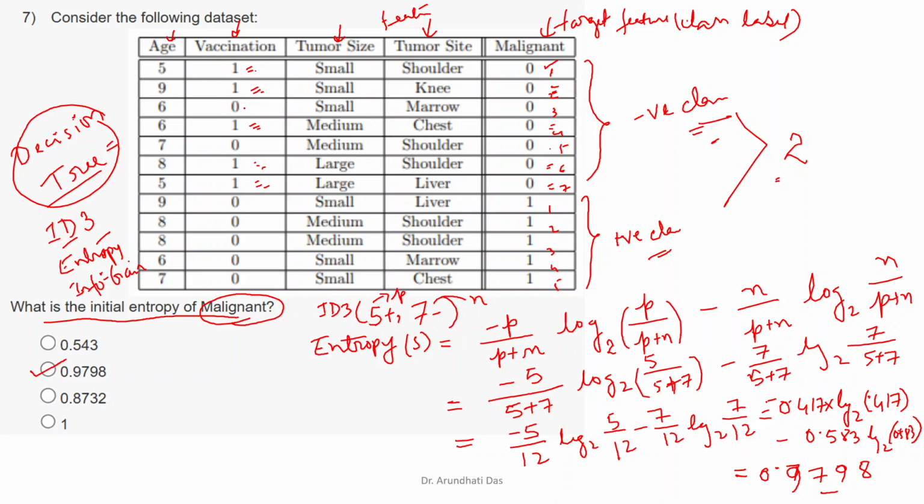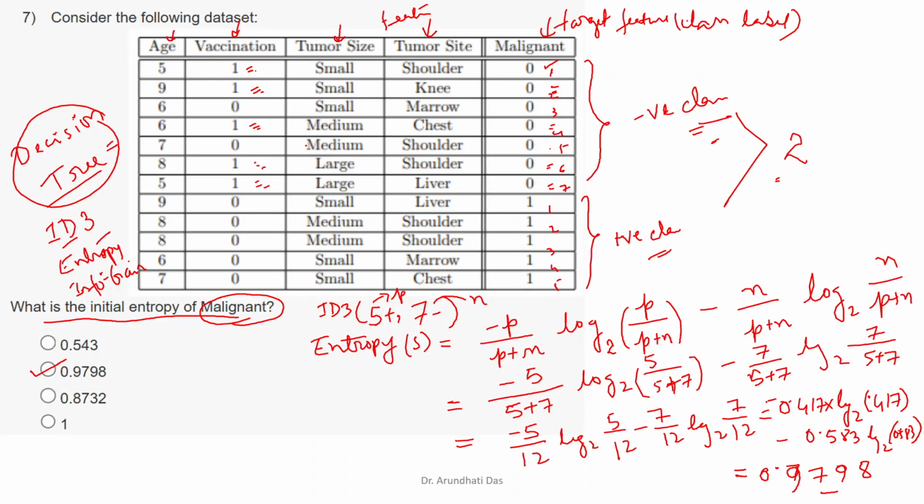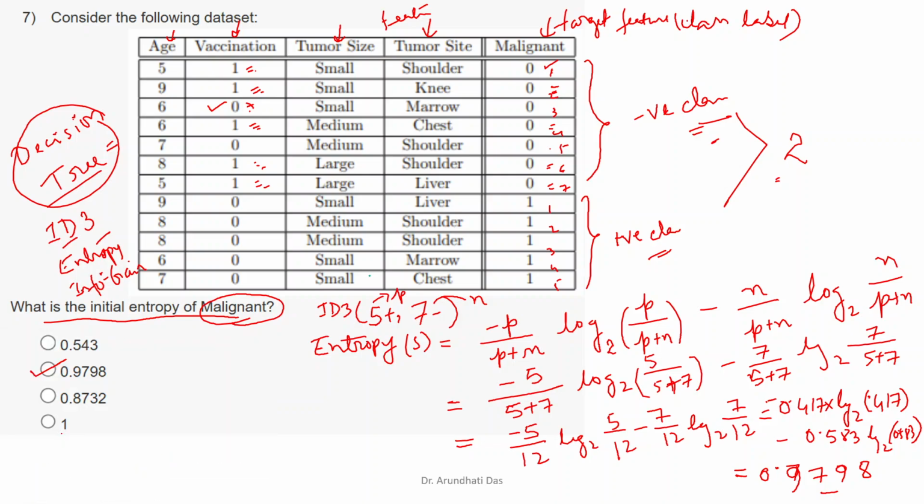Okay, the other feature value that is available in this vaccination feature or attribute is 0, right? Now this 0 is having what? Let me change the color, I think that will be better. Yes, so here now this one is 0, right? 0 is having this one negative count, then the two negative count, right?